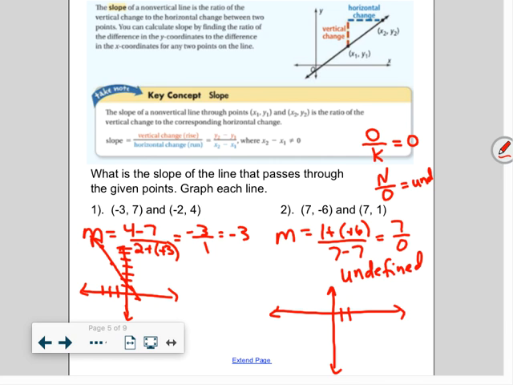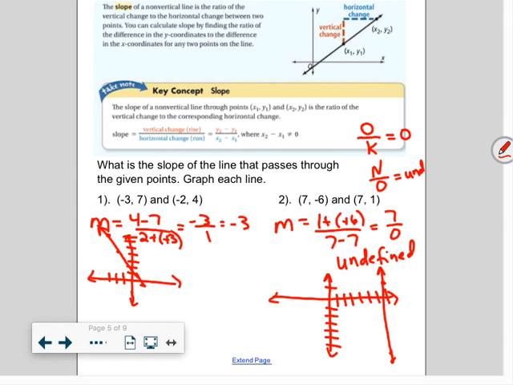If I go 1, 2, 3, 4, 5, 6, 7, here's 7, comma 1, 2, 3, 4, 5, 6. This is a vertical line, right? And I want you to think about our definition of slope. If slope is rise over the run, what's happening when I rise up?